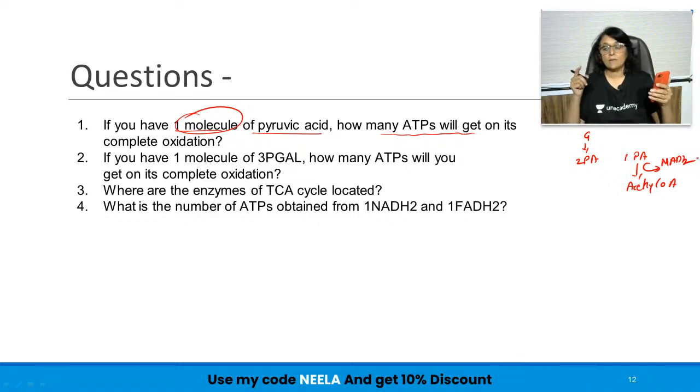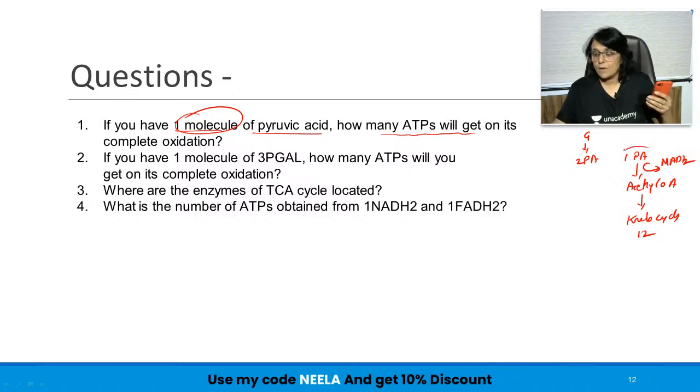Remember, this is the link reaction, and then this participates in Krebs cycle, and Krebs cycle gives us 12 ATPs. So if you start from 1 pyruvic acid, you get 1 NADH2 and 12 ATPs. 1 NADH2 is going to give you 3, so you will totally get 15 ATPs.